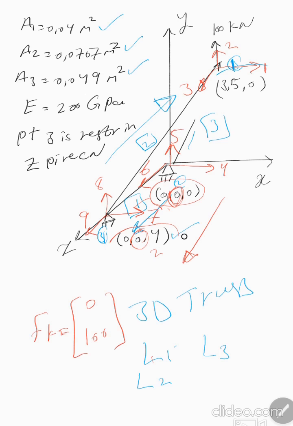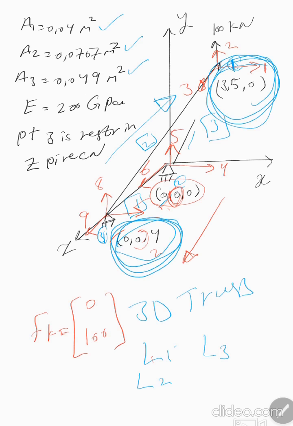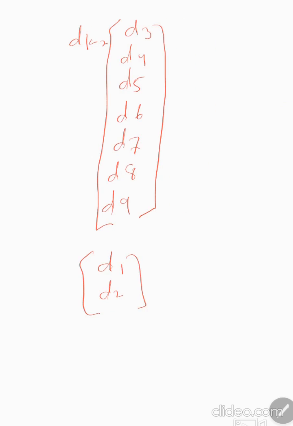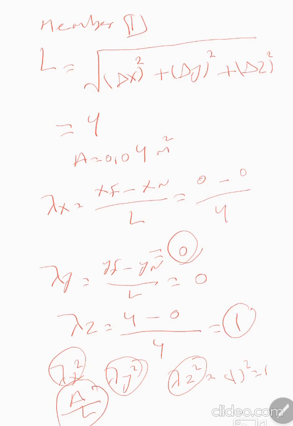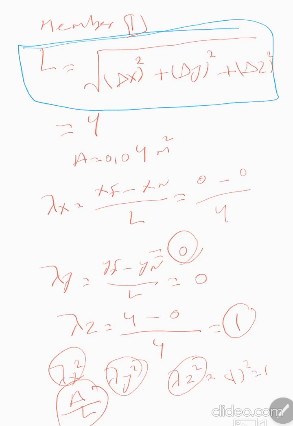Now I'm working on member number 2, so I will take this node and these values. Depending on this one, how can I calculate the length?